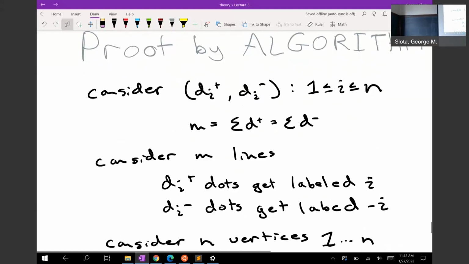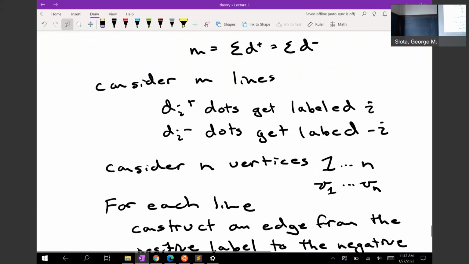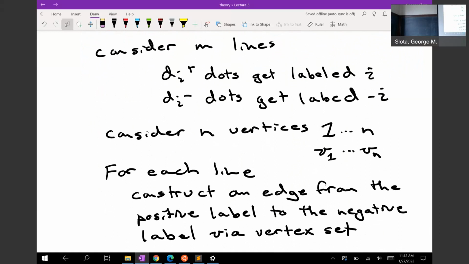So again, proof by algorithm, considering some arbitrary degree sequence consisting of pairs of in and out degrees. Each of those represents the in and out degree of some specific vertex i. We have our m lines, which we will have labeled. So again, the sum of the out degrees equals m, sum of the in degrees equals m. So each line gets labeled uniquely with some i. Each line also gets labeled uniquely with some negative i, meaning we have kind of a bijective mapping from in degrees in a sequence to a line, out degrees in a sequence to a line.